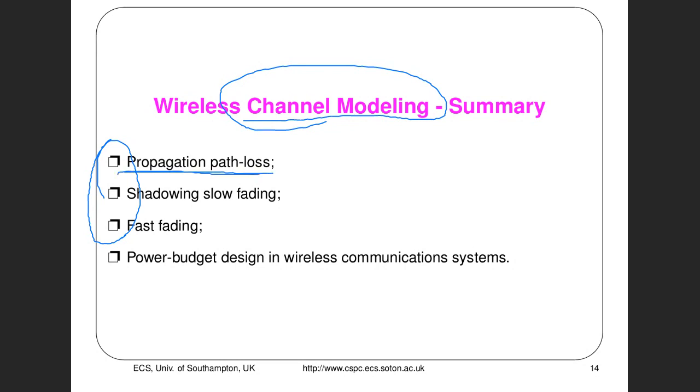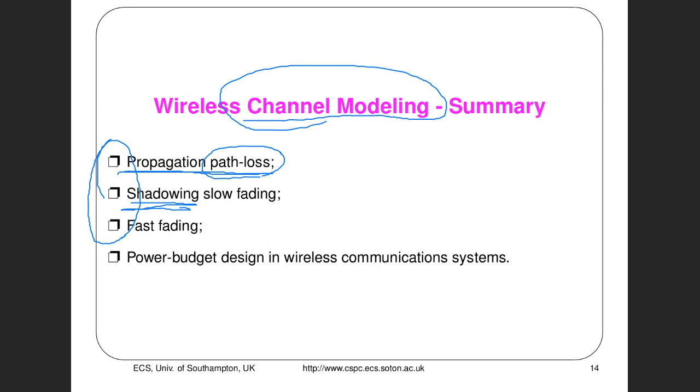Last time I also mentioned that when signal propagate over distance, the signal power would reduce over distance. That is called path loss. So signal power would decrease over distance. Shadowing happens when, for example, in an urban area, you have buildings that cause blockage, or in rural area, you have mountains that cause blockage.